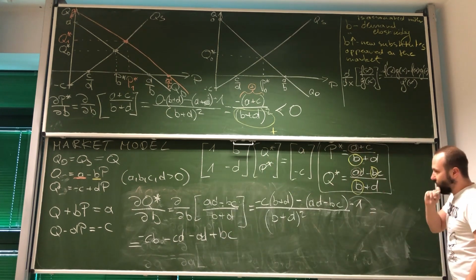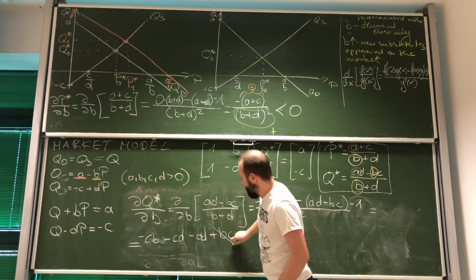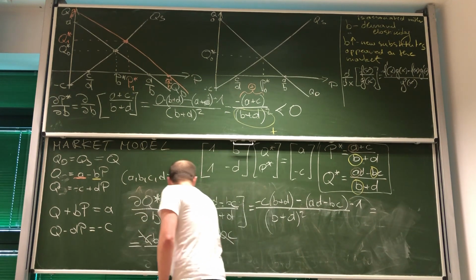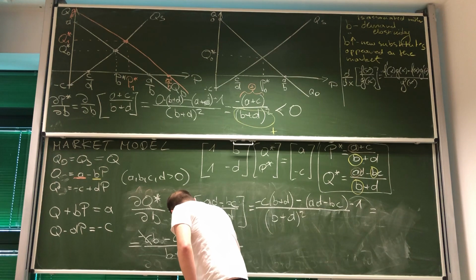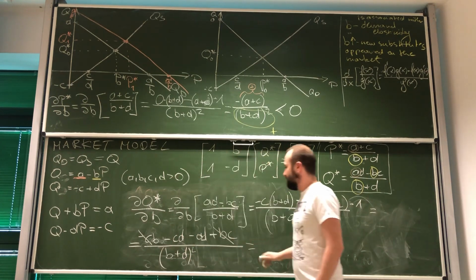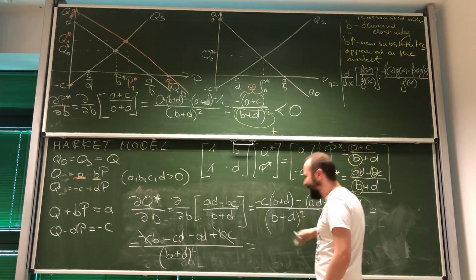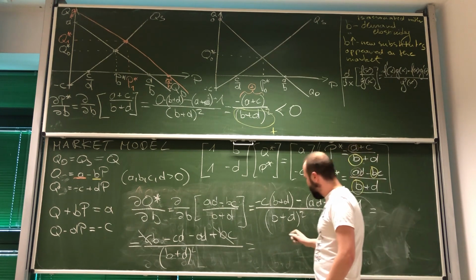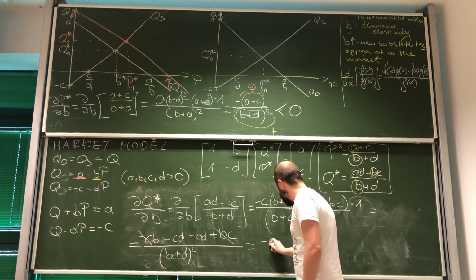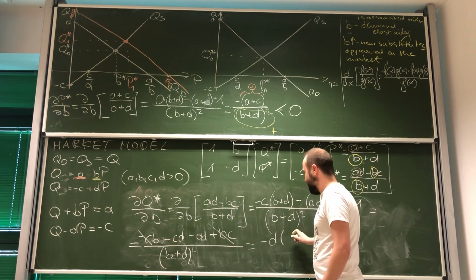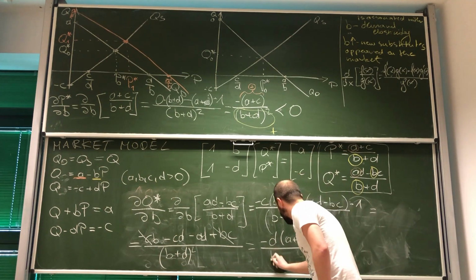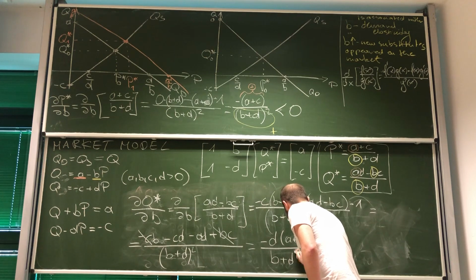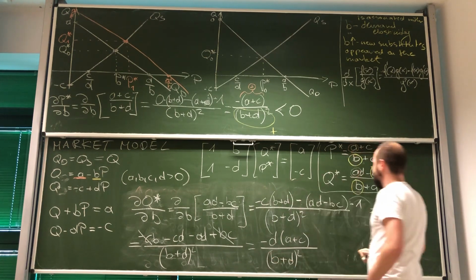So what do we see over here? Those two expressions cancel each other. And we can take negative D out, actually, and we get that this is negative D times A plus C over B plus D squared.